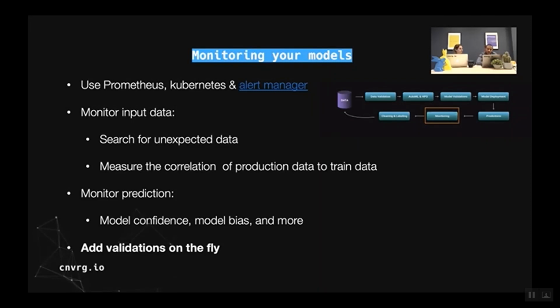Those kinds of things are a monitoring level for machine learning. There is also, of course, monitoring for DevOps, like system health and CPU and memory. But when we talk about monitoring, we talk about machine learning monitoring, how you can make sure that your models in production are healthy and working well.